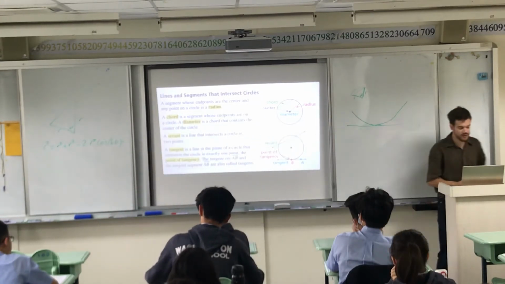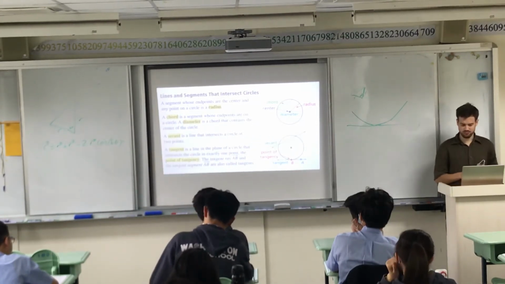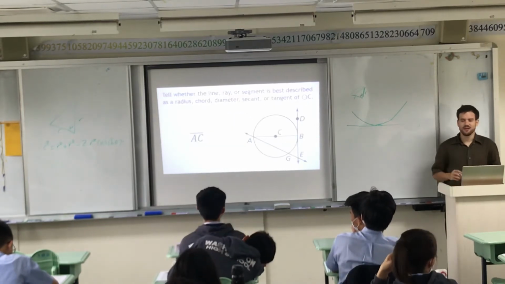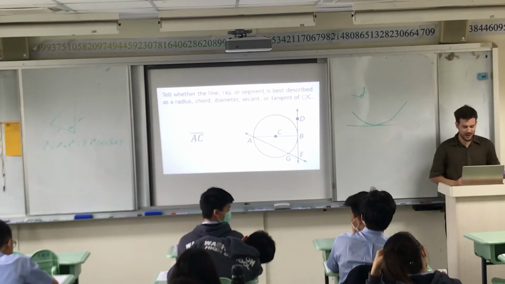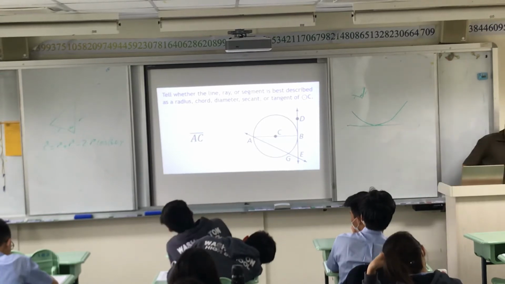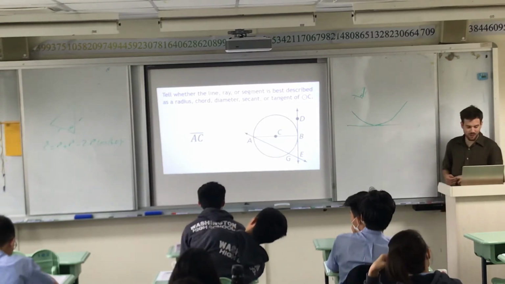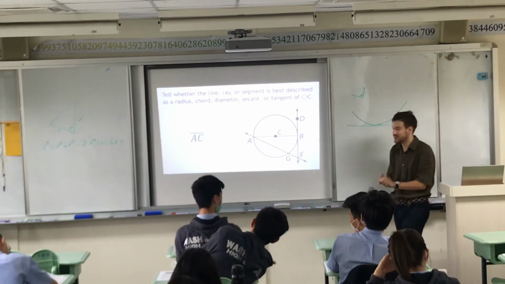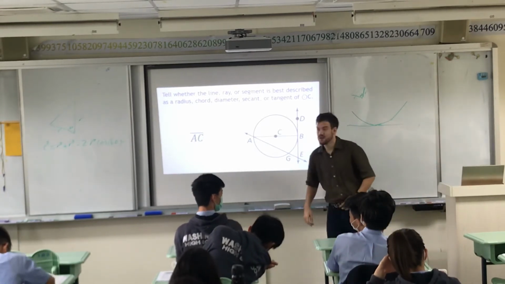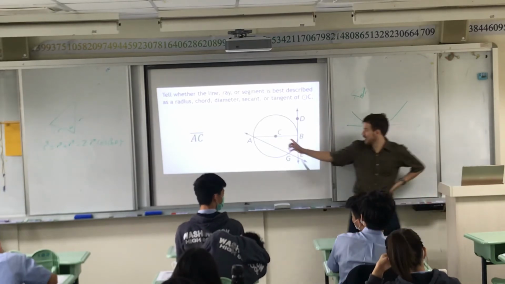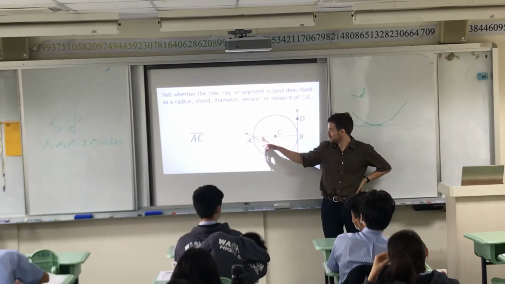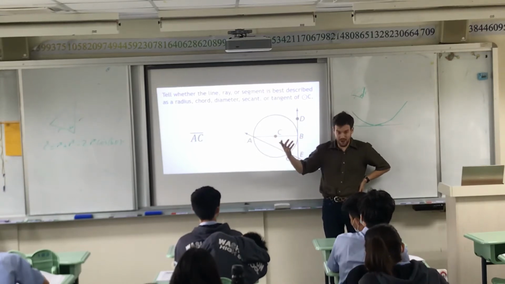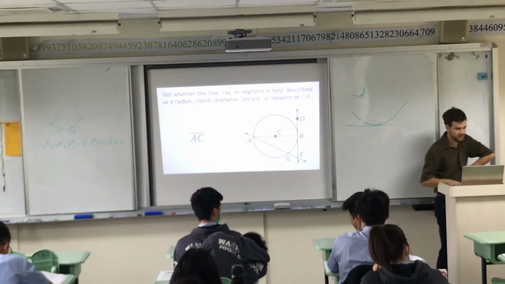Let me actually go through a few problems. AC. What type of line is that? Is it a chord, a radius, a diameter, a secant, or a tangent? AC? It's a radius. Right, James?